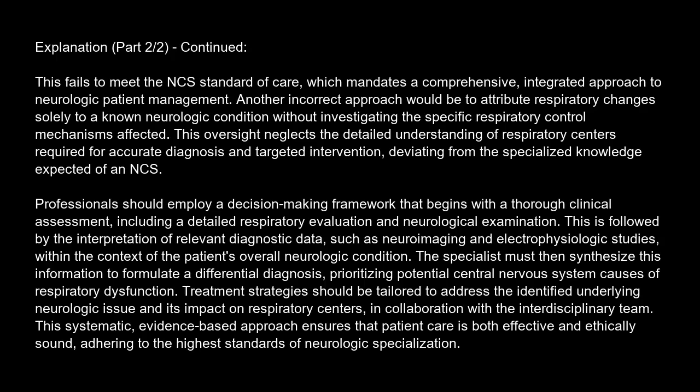This fails to meet the NCS standard of care, which mandates a comprehensive, integrated approach to neurologic patient management. Another incorrect approach would be to attribute respiratory changes solely to a known neurologic condition, without investigating the specific respiratory control mechanisms affected. This oversight neglects the detailed understanding of respiratory centers required for accurate diagnosis and targeted intervention.